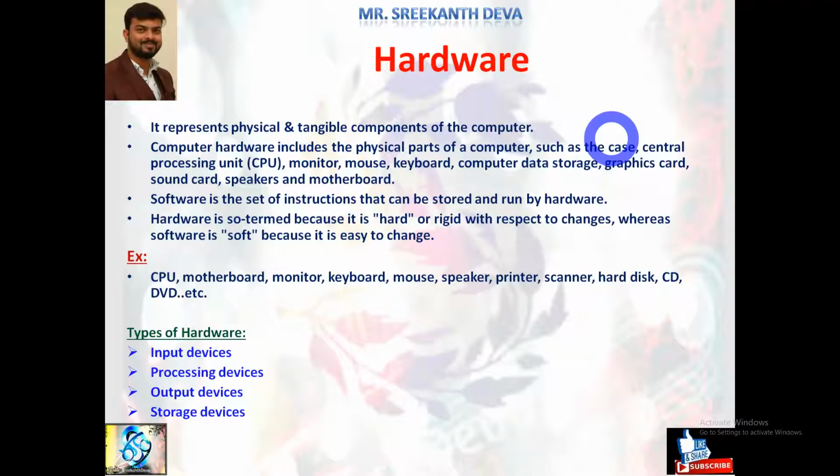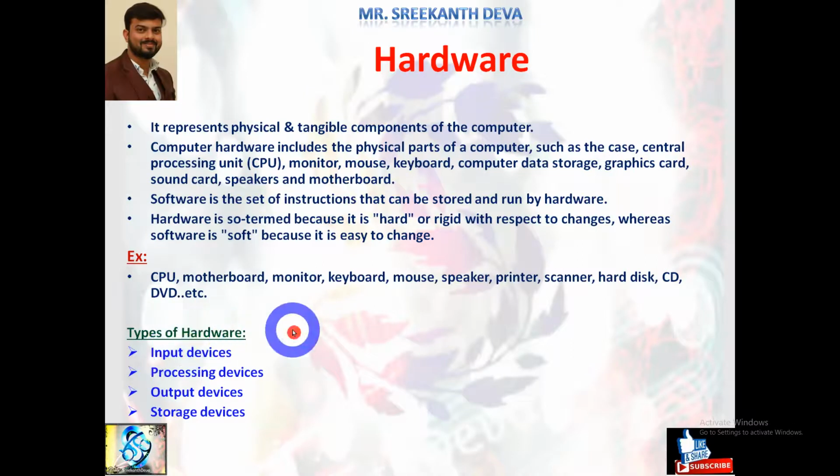See, these are all suitable examples of hardware, like motherboard and the different types of monitors we discussed. Input devices like keyboard and mouse, output devices like speakers, monitors, printers, scanners, and some more like hard disk, CDs, DVDs. See, these are the best examples of hardware components.